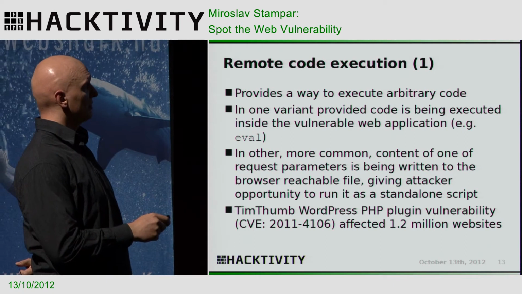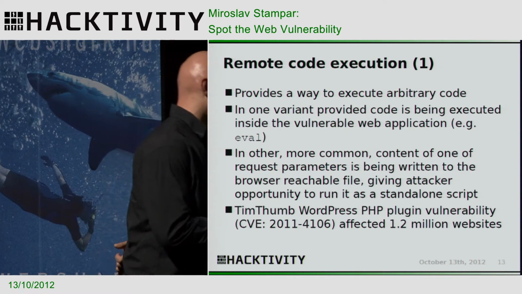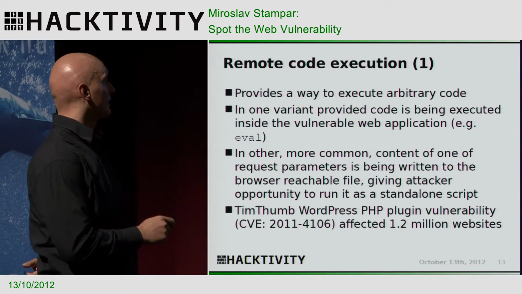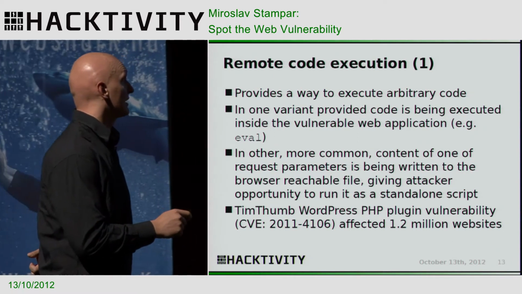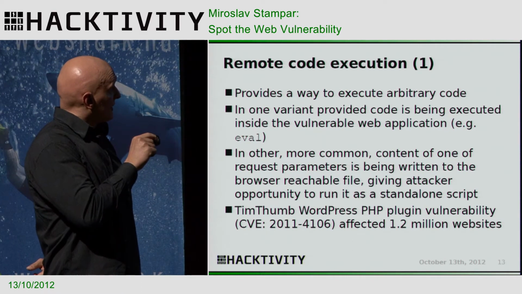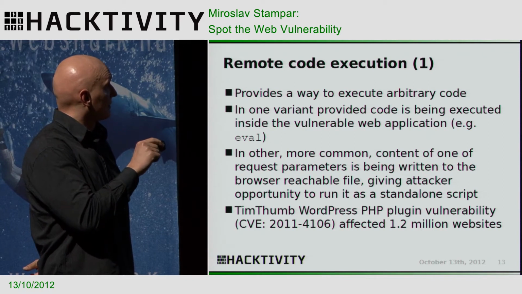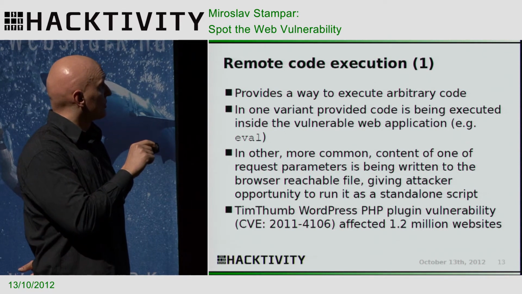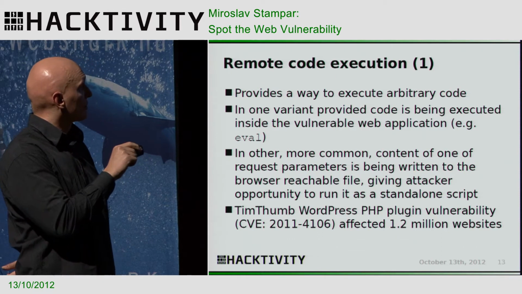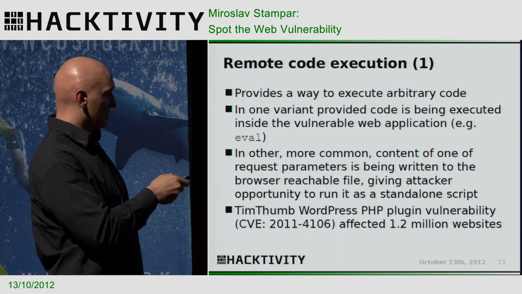Remote code execution provides a way to execute arbitrary code. The difference between this one and file inclusion is that in this case, you are either trying to include live code, which is rare. So if the vulnerable code uses eval to evaluate code, you will try to inject live PHP code inside.